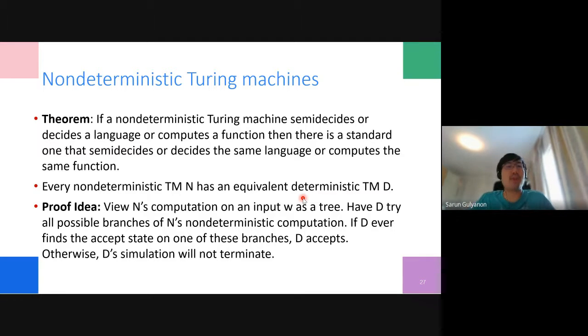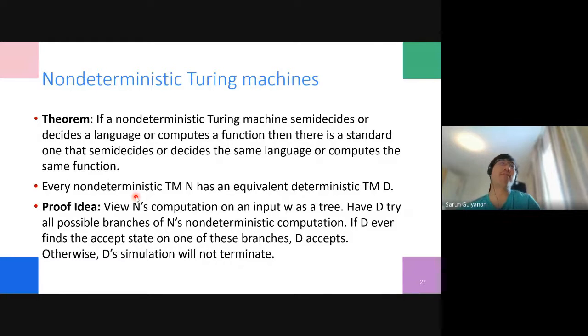So how can we do this? How can we prove this? The proof idea is this. We will see the computation of the non-deterministic Turing machine as a tree.